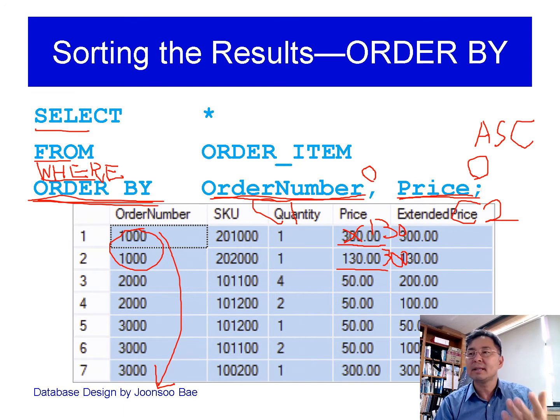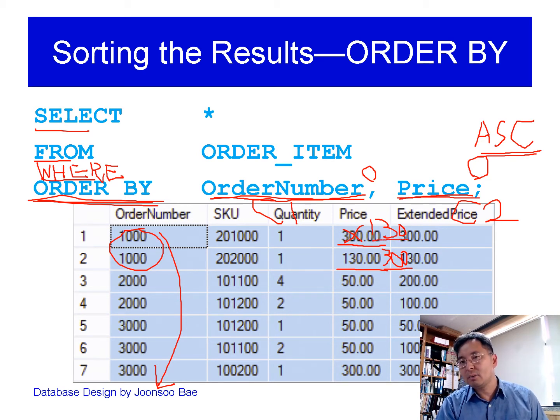If we do not specify the ordering rule, whether ascending or descending, then it is omitted and the default is ascending. So the result must be 130 and then 300.